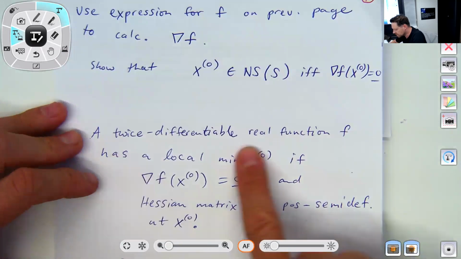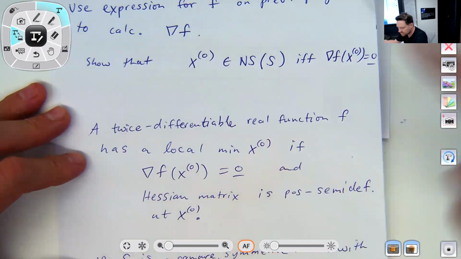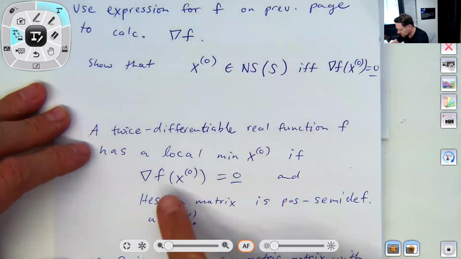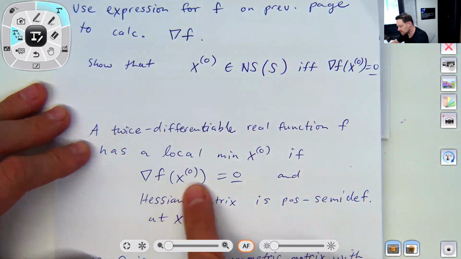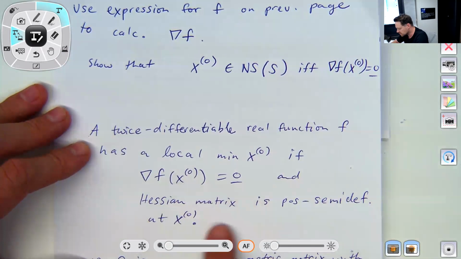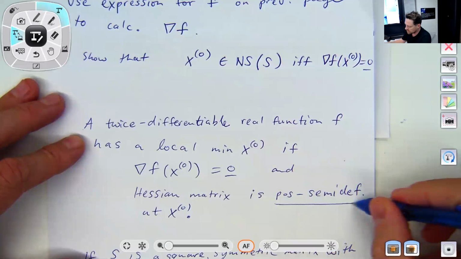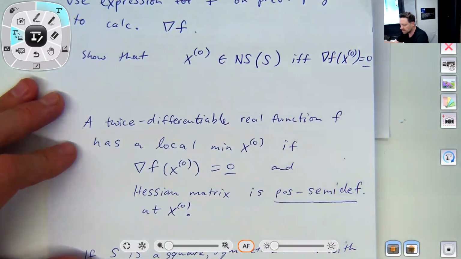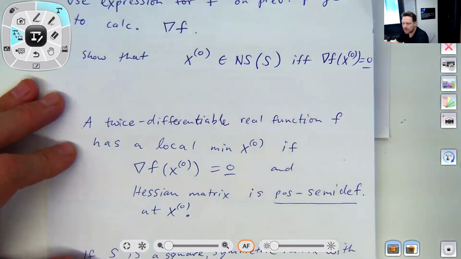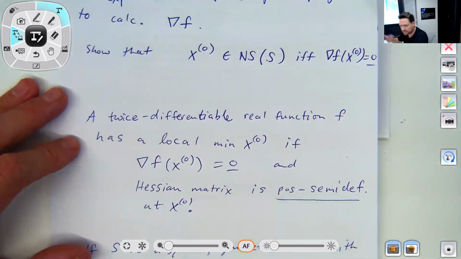So a twice differentiable real function f has a local minimum at x superscript 0 if two things are satisfied: the gradient vector of f at x superscript 0 is the 0 vector, and the Hessian matrix is positive semi-definite. Notice the difference here. I've given you a way to classify if you have positive definite and if you have positive semi-definite, plus this one. So maybe you'll find that useful.